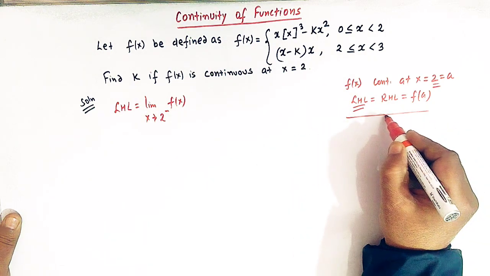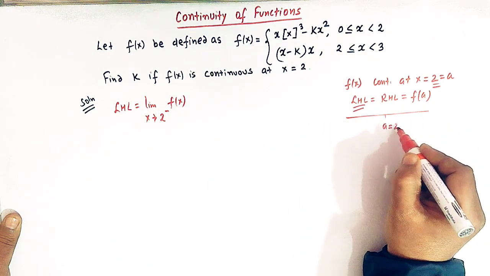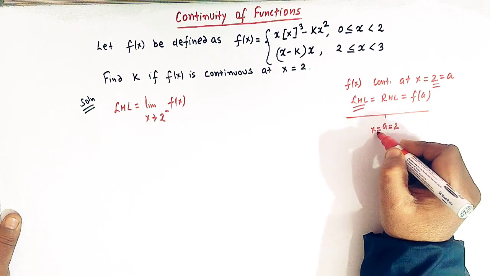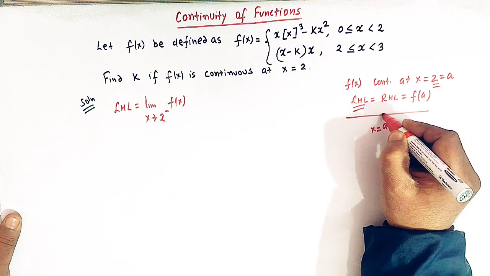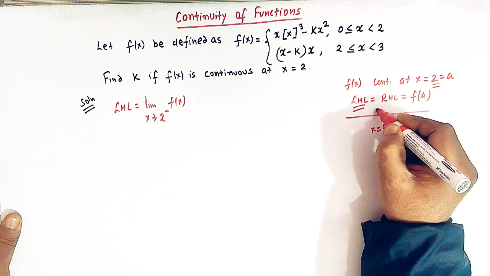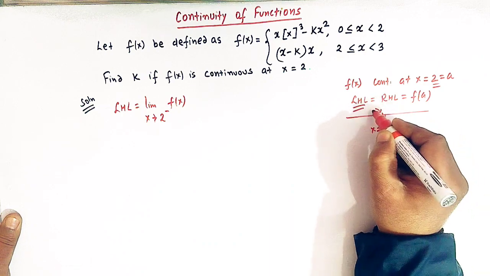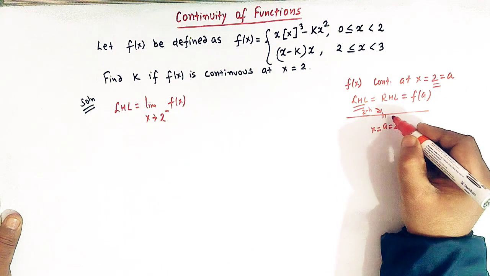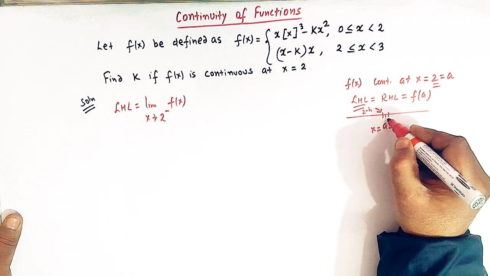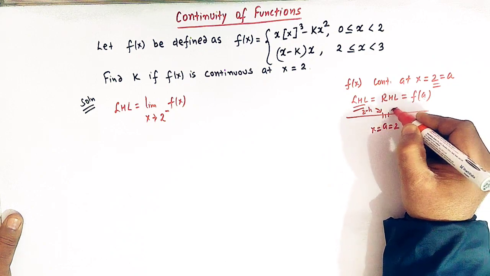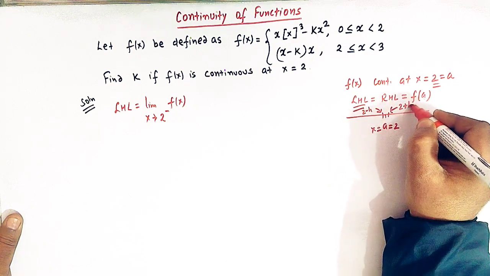So here we have the point a equal to 2, and in the left neighborhood of x equals 2 we have a point which is very close to a equals 2, and this point is 2 minus h, and we have a point in the right neighborhood of x equals 2, which is 2 plus h.